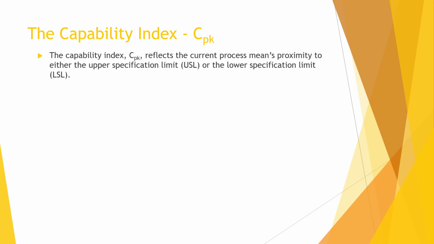CPK is this index. The capability index, CPK, reflects the current process mean's proximity to either the upper specification limit, USL, or the lower specification limit, LSL.